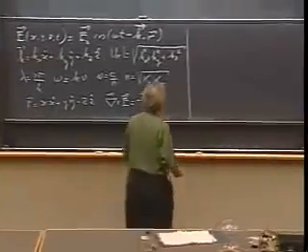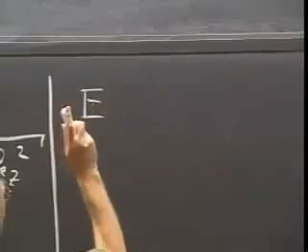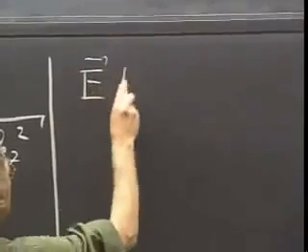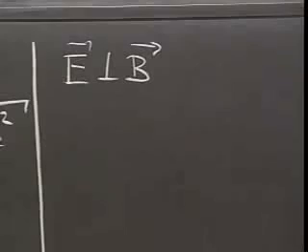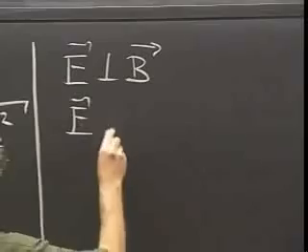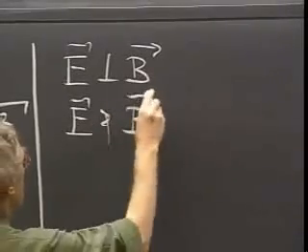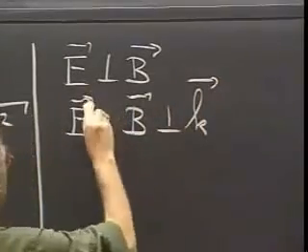And what I remember is what I wrote down earlier, point by point on the blackboard. For traveling waves, E is perpendicular to B. E and B are both perpendicular to k. So E and B are perpendicular to k.